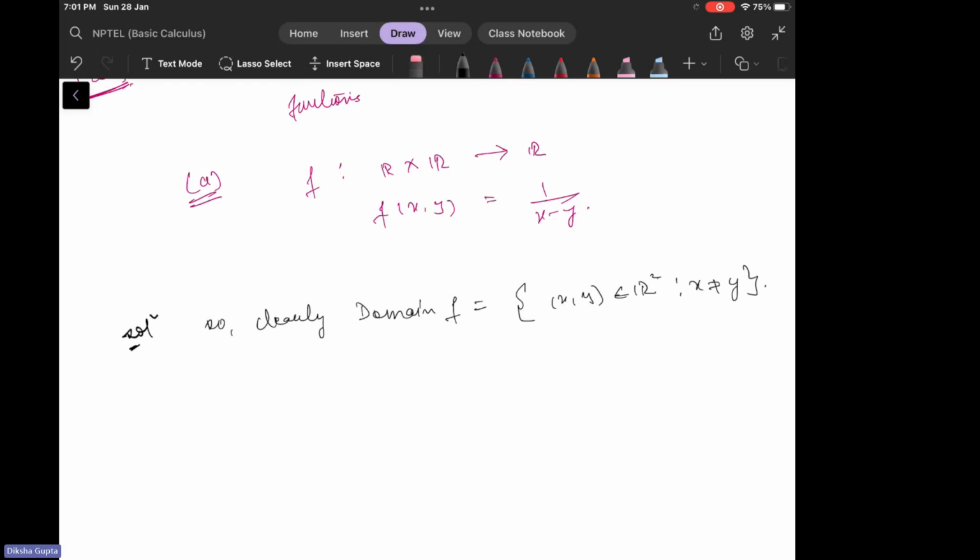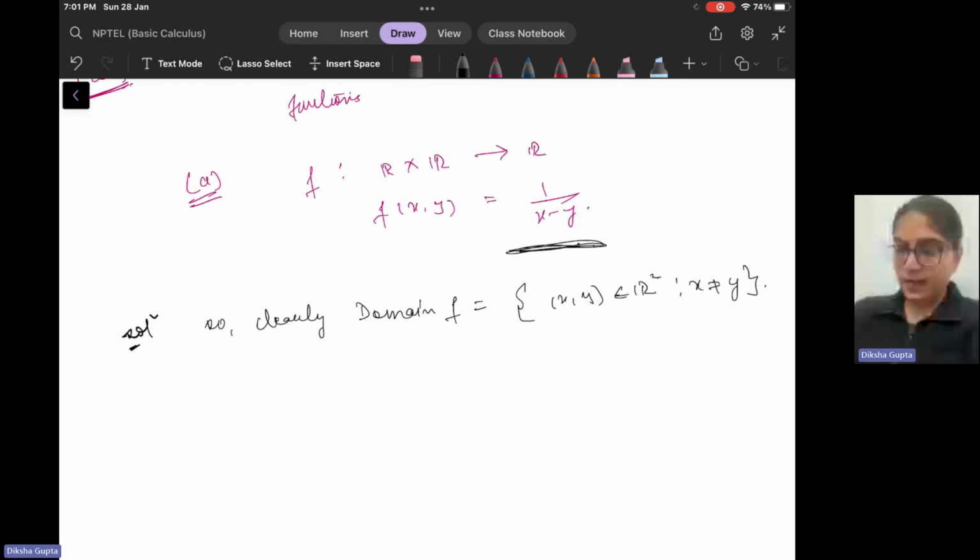Right? Now for the range, you have to think a little. You have to see what are the possible values this function can attain for x and y in the domain.